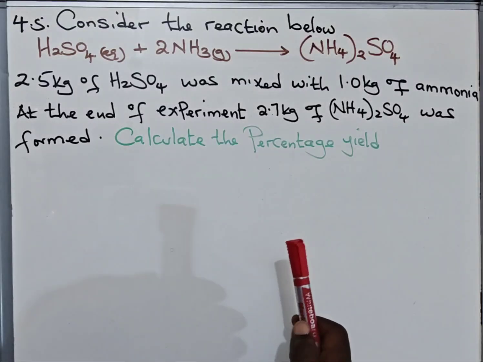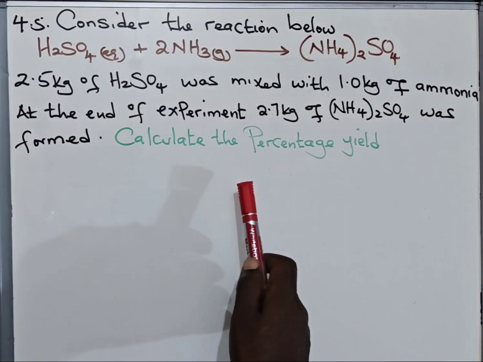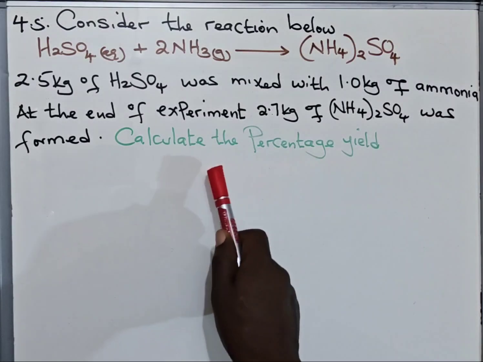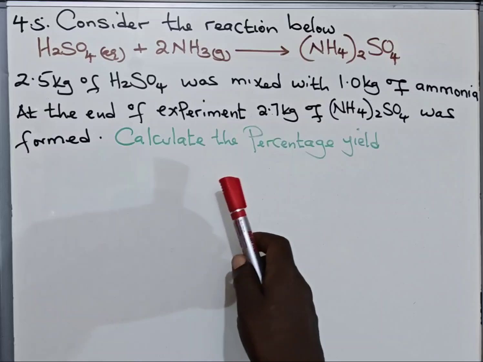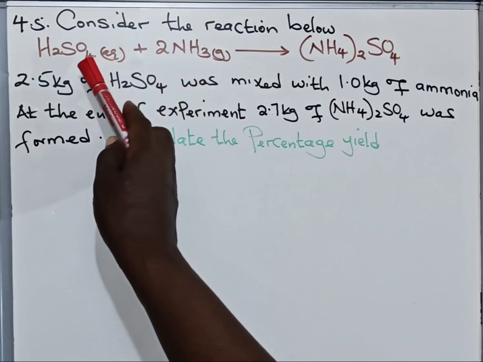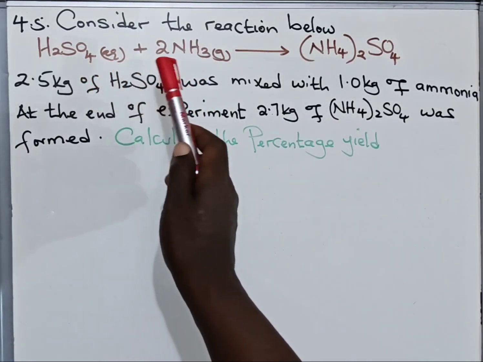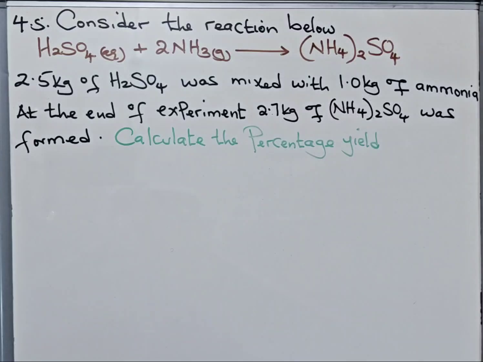Okay, here you have to know that in order to accomplish this, we need to determine which of these two, between sulfuric acid and ammonia, is a limiting reagent.